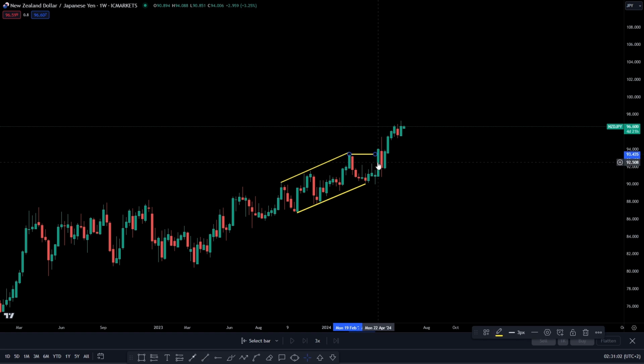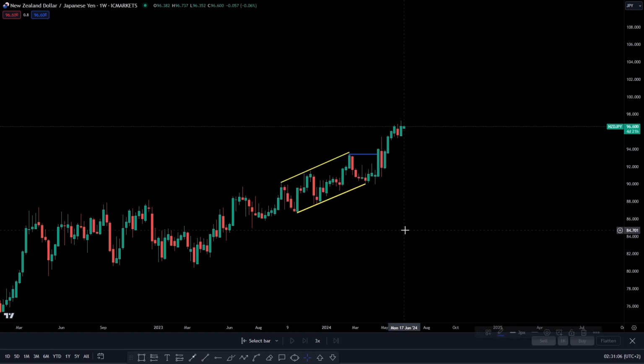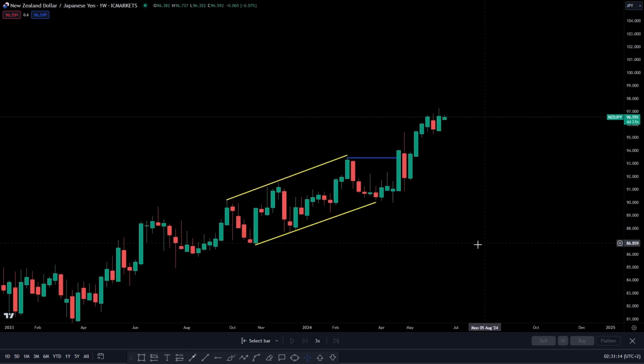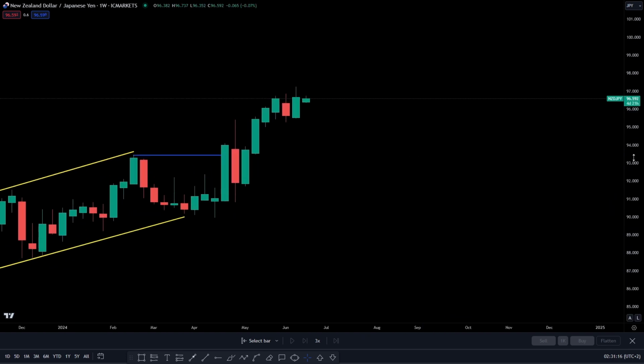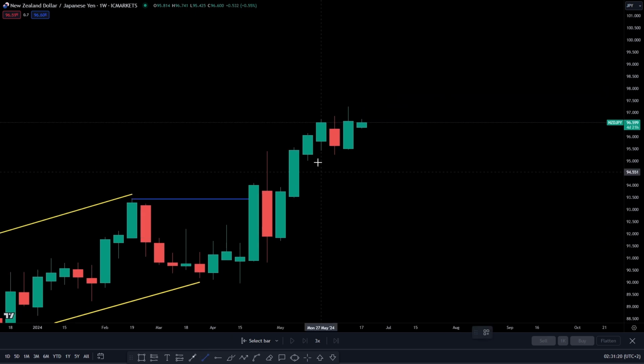So we can see even here we had a potential double top, but as you can see, the market came down and then it obliterated that level. It continued up. So it goes to show that the NZDJPY market is very bullish.